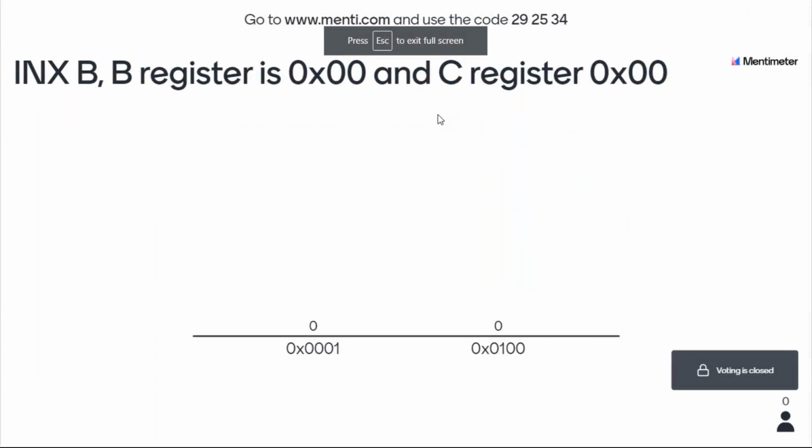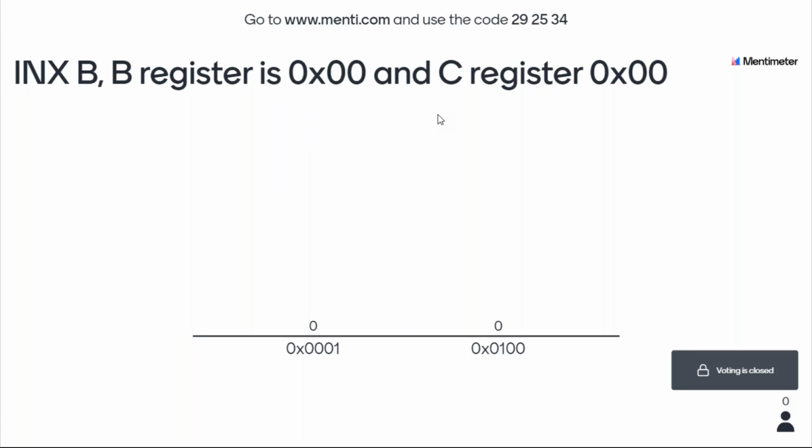This is the question. You have an increment instruction on B. There is a register called B and there is a register called C. B and C are registers which are looked at together. So I have taken it as 4 bits.